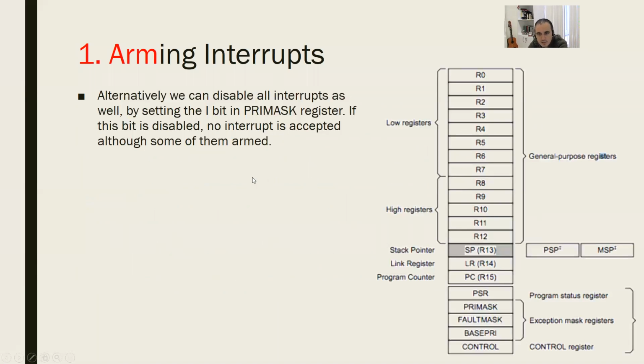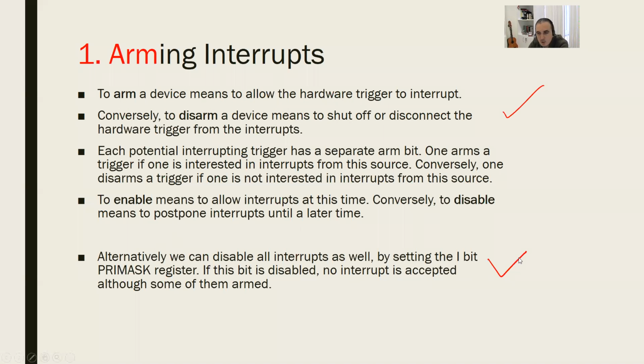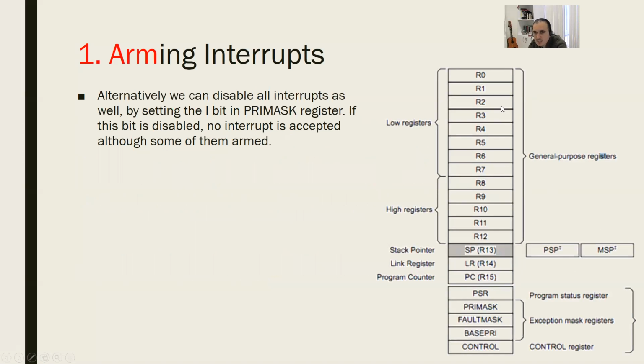Arming. How to set the global interrupts? I mean, how to set the individual ones? We'll get there. How to set the global ones? Next slide is, we have a register, guys. You remember the register bit? So we can disable or enable all interrupts by setting the prime mask. Here, there's a prime mask. It's here. There's a register. The I bit is the least significant bit here.